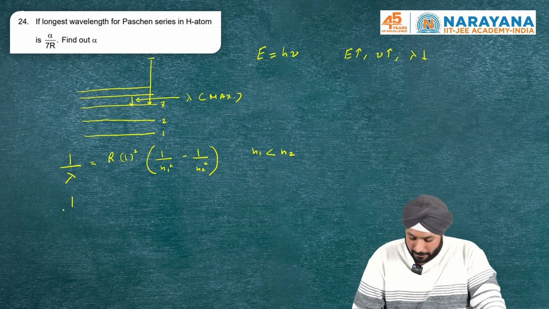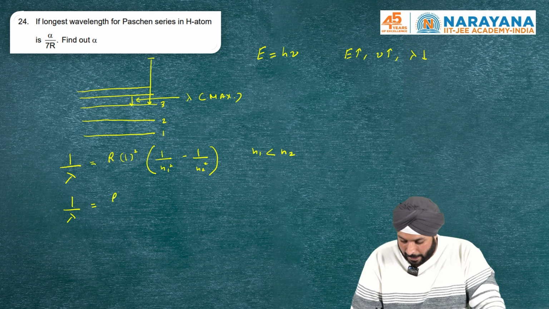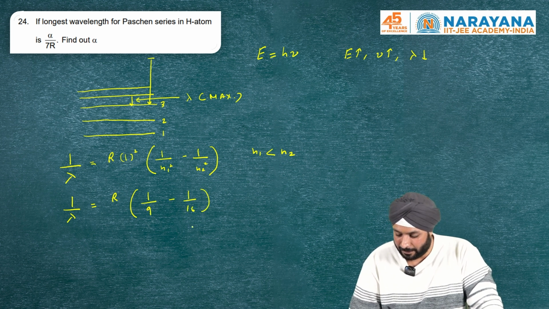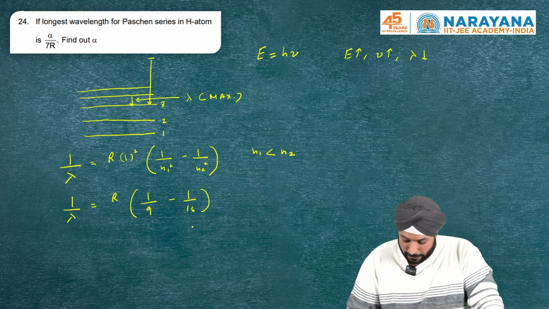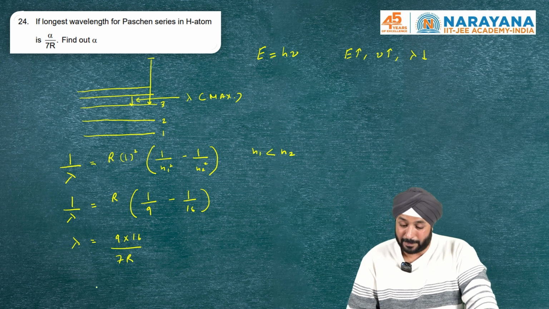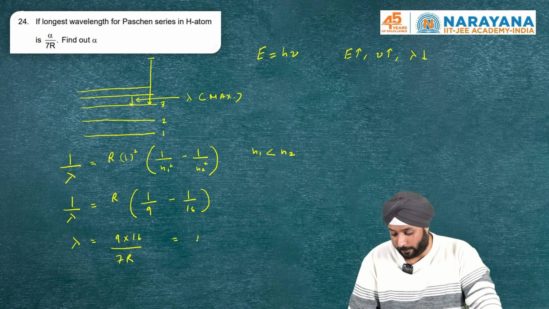So 1 by lambda is equal to R into 1 by 9 minus 1 by 16, right? So here I'll get lambda is equal to 9 into 16 divided by 7R. That means the value of alpha, that is 9 into 16, comes out to be 144.